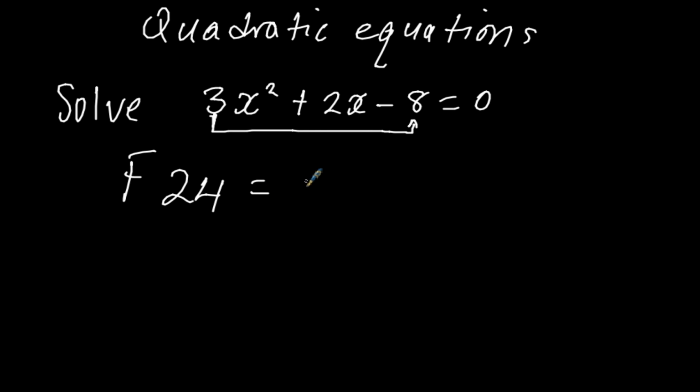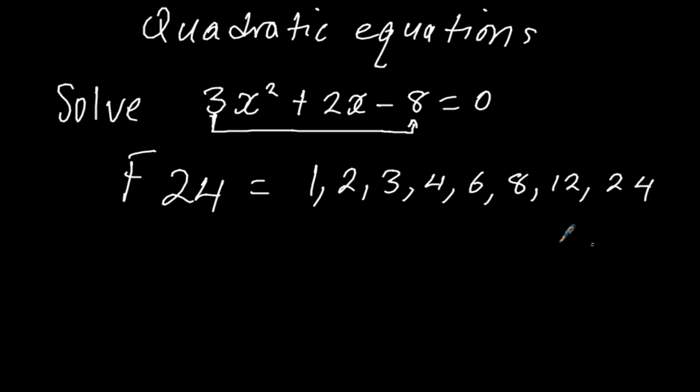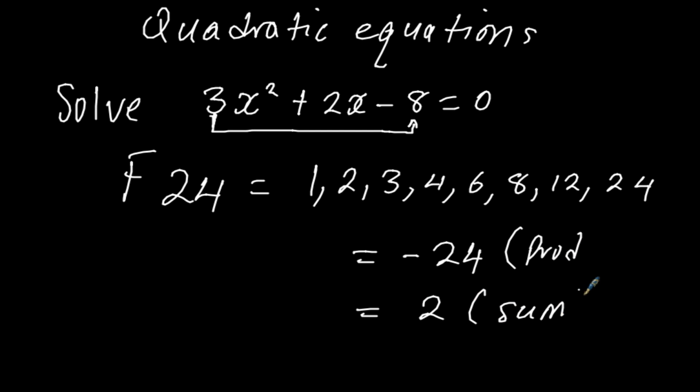Factors of 24 will be 1, 2, 3, 4, 6, 8, 12, and 24. Now from this list, we pick 2 factors which multiply to get negative 24, because this was a negative, and they should add to get a 2, that is for the sum.